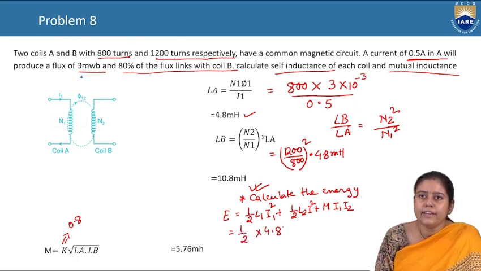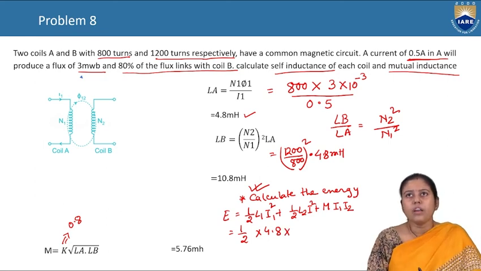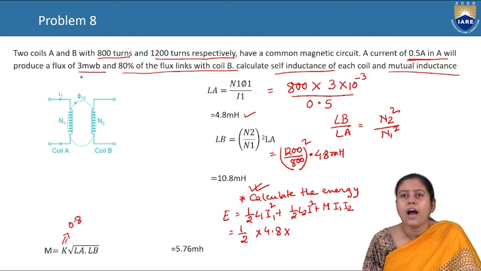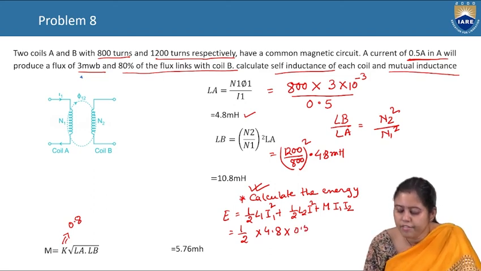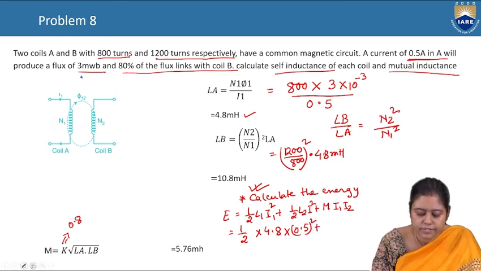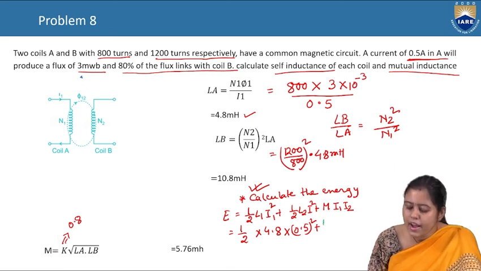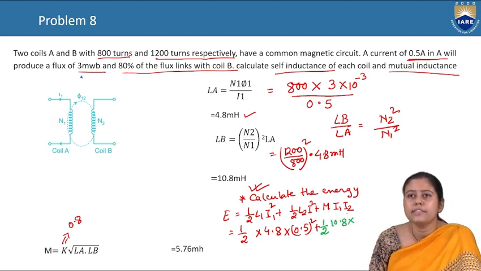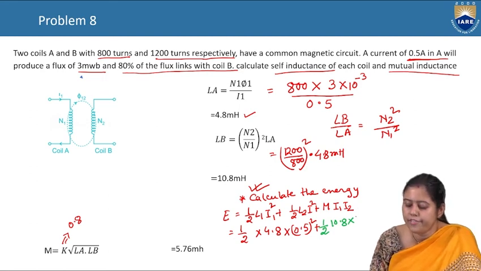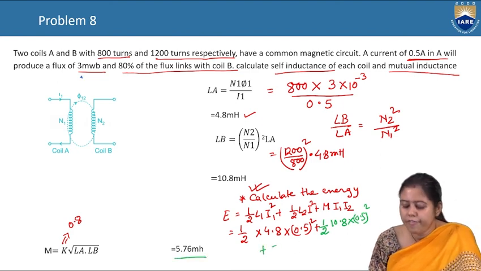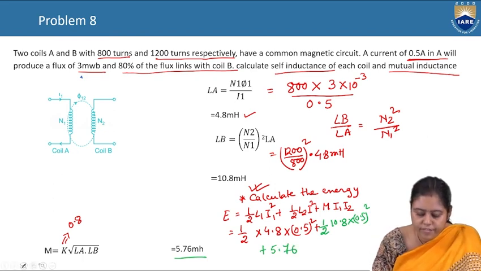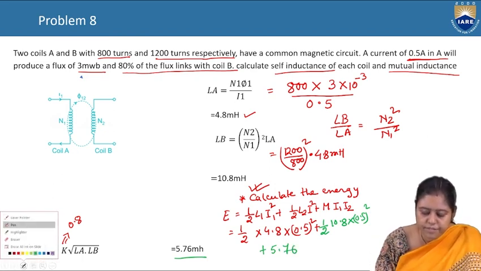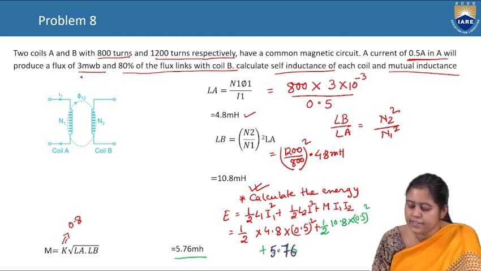Now as the current of 0.5 ampere is flowing, we can write half into 4.8 into I1 square, which is 0.5 square, plus half into LB, 10.8, into I2 square, which is 0.5 square, plus M value 5.76 into I1 I2.